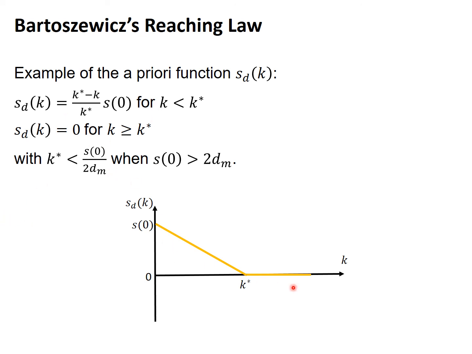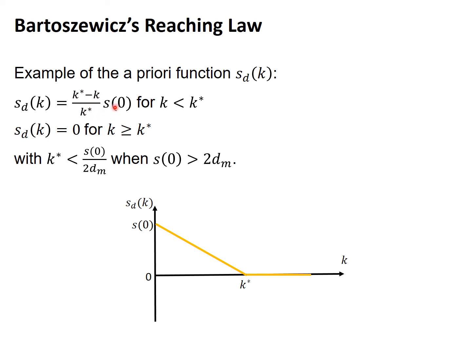then all the properties that have been discussed by him are followed by this function. And you can see simply what happens here: you take different values of k equals 1, 2, 3, 4. This is simply coming as a fraction of S0. K equals 1 is (K star minus 1) by K star, then (K star minus 2) by K star.